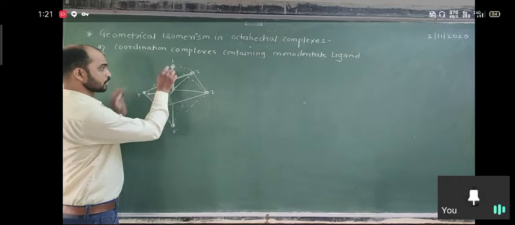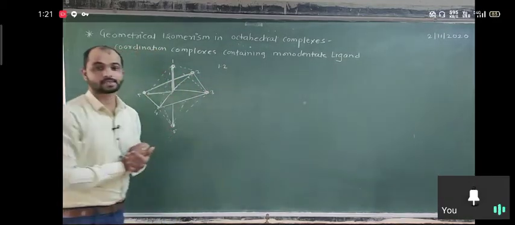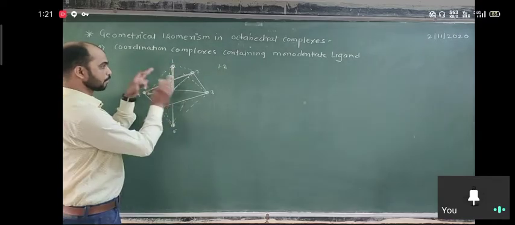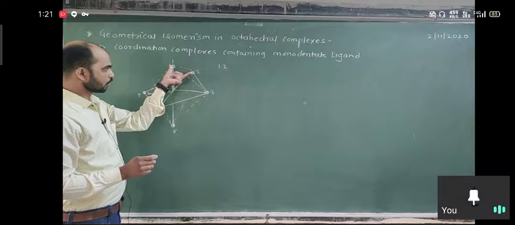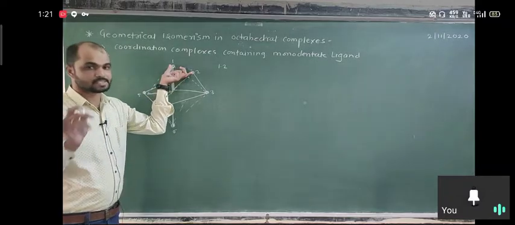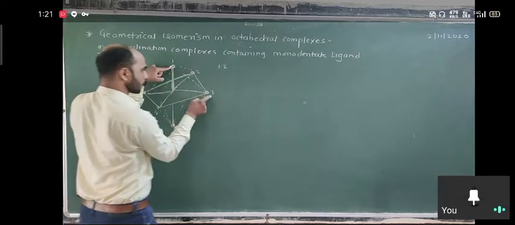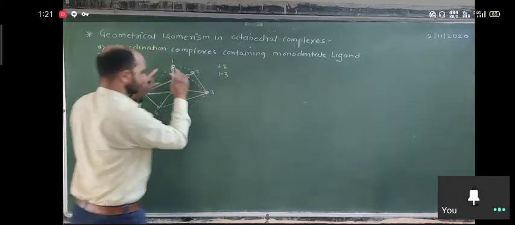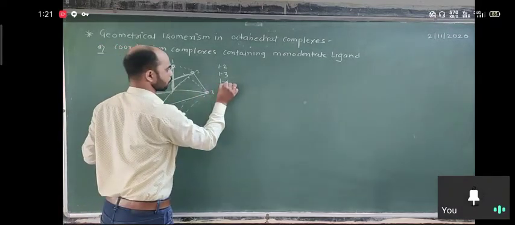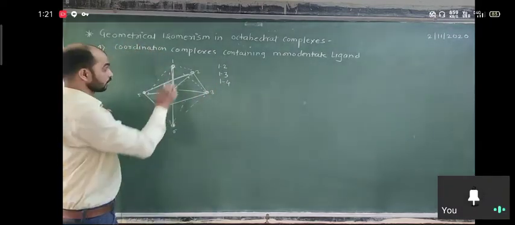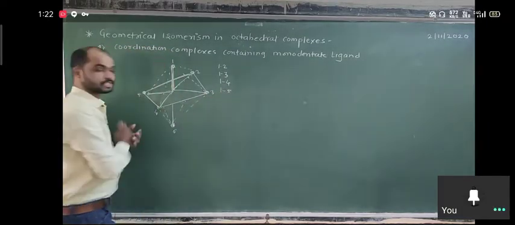Means positions 1, 2 are at 90 degrees with each other. Suppose two ligands are similar and they lie at the 1, 2 positions; again we consider it cis. So 1, 2 is cis, as well as 1, 3 is also cis, because again 90 degrees. 1, 4 is also 90 degrees, so 1, 4 is considered a cis position. 1, 5 again we consider a cis position.